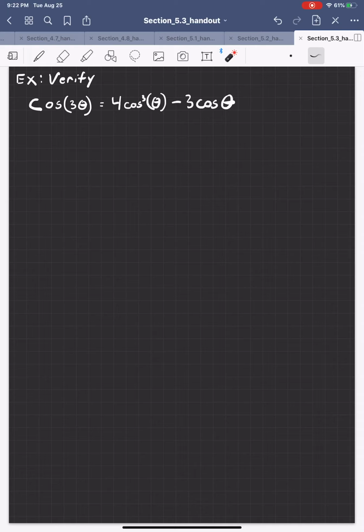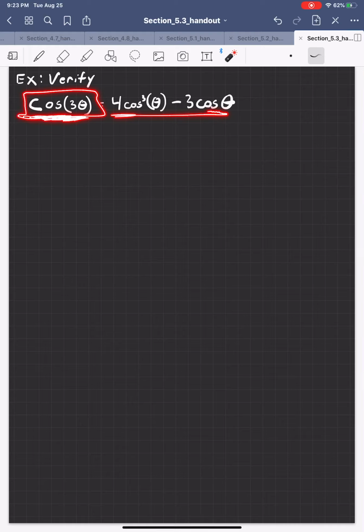All right. So now, this is 5.3, but remember back in 5.1, you were verifying identities. And one of the things that you need to be aware of is sometimes you have to use these double angles or sum and difference formulas in the verification process.